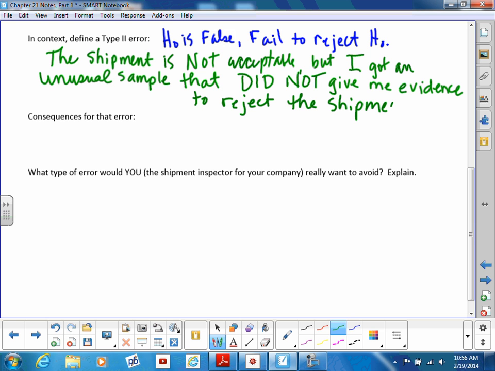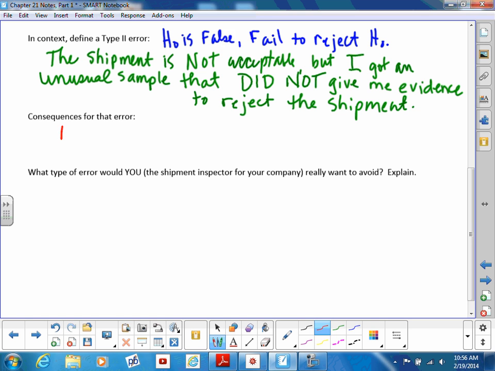Okay, so let's talk about the consequences of that error. So as a consequence, what happens with my pen company and these ink cartridges that are coming to me? What happens? Yeah, I have now paid for faulty parts.